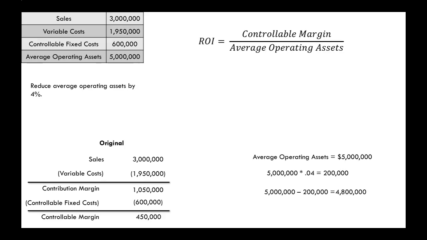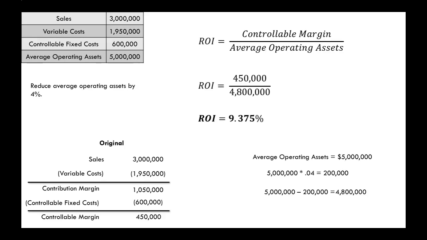So we subtract that from the 5 million. That leaves us with the 4,800,000 as our average operating assets in this example. Now that we have that, and we have the controllable margin from the original information, we can fill in the ROI formula. So the 450,000 divided by the 4,800,000 that we just found as our new average operating assets leaves us with an ROI of 9.375%.